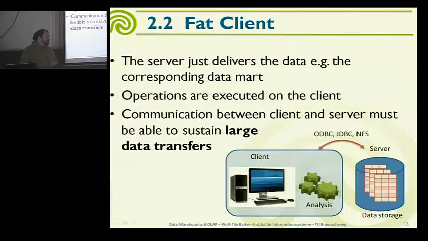If you have a weak internet connection, for example, via mobile devices, then it usually is not sensible to copy complete tables or something like that around only for being aggregated on a thin client, right? So in intranet infrastructures, a fat client may be a good idea. In mobile infrastructures, a fat client is definitely a bad idea, right?